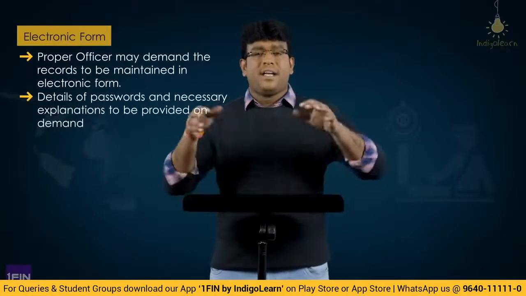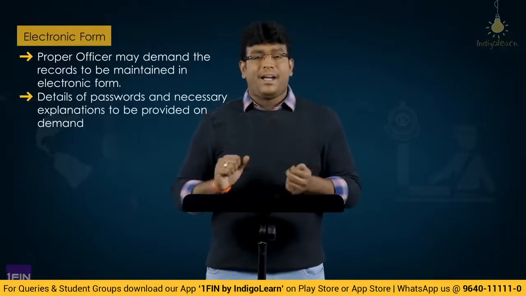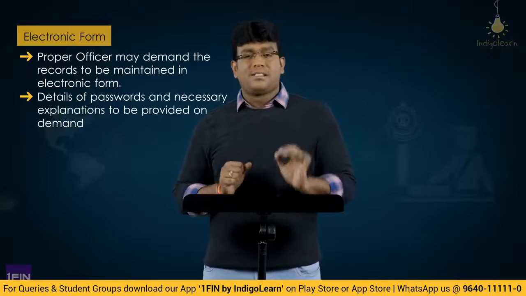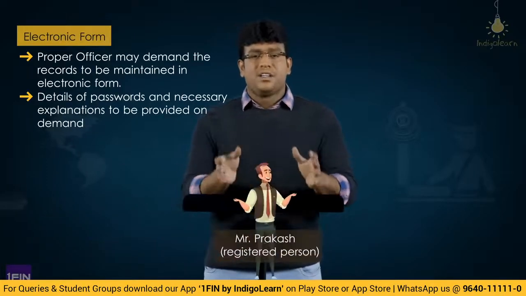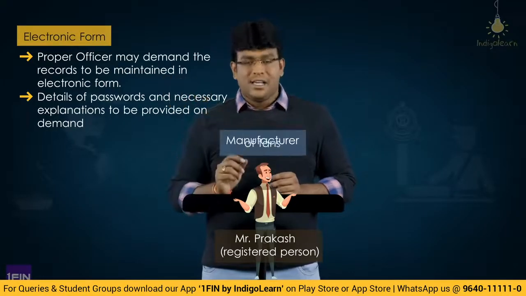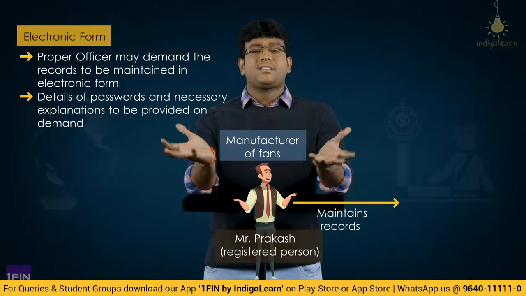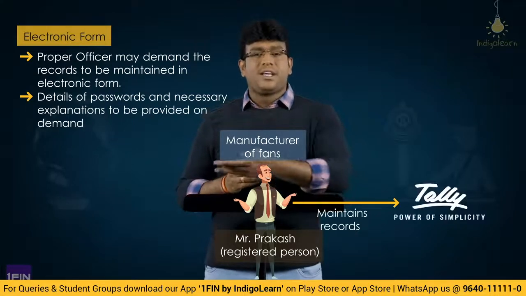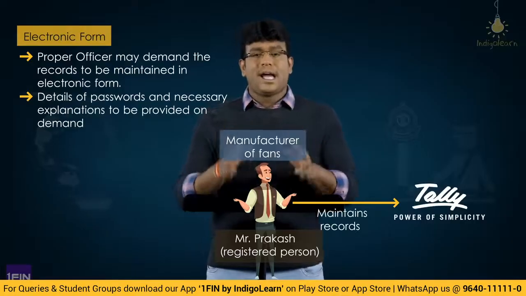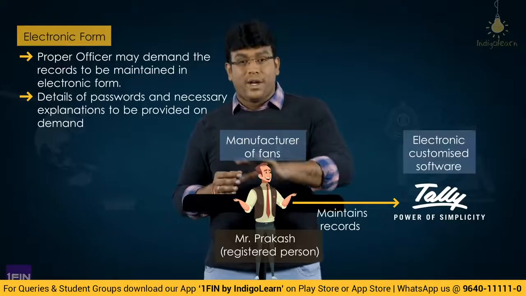Whenever records are maintained in electronic form, there is a possibility that the proper officer may demand the records. For example, let's say there is one person, Mr. Prakash, a registered person engaged in the business of manufacturing fans. Mr. Prakash is maintaining records in a customized accounting software. There is no physical record at all. All the details, accounts and records are maintained in the electronic customized software only.